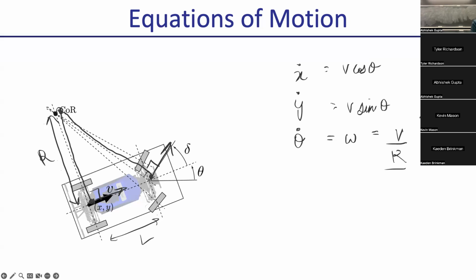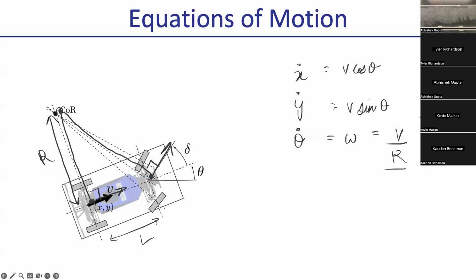The problem is you know V, but you don't know R. So how would we compute R? R is just this length. You know theta, you know delta, you know these are 90. How would we compute R? Yeah, right.